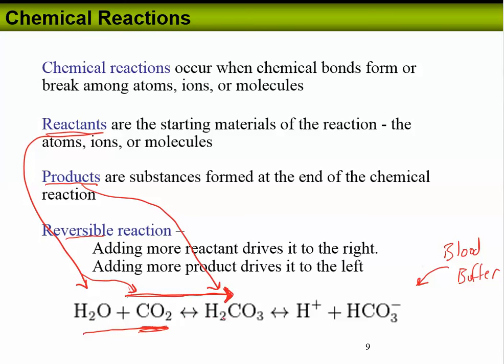So here's this nice simple reaction. This is water plus carbon dioxide. It makes something called carbonic acid. And then this can go on, and that hydrogen can be released to make hydrogen and the carbonate anion. So my question was, what does adding a bunch of carbon dioxide do to the pH?